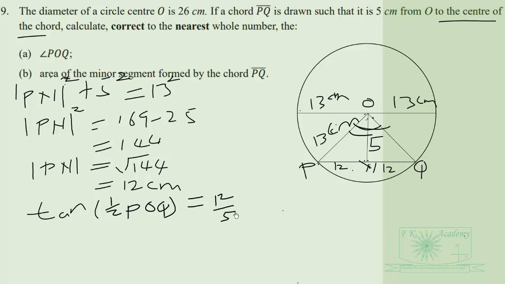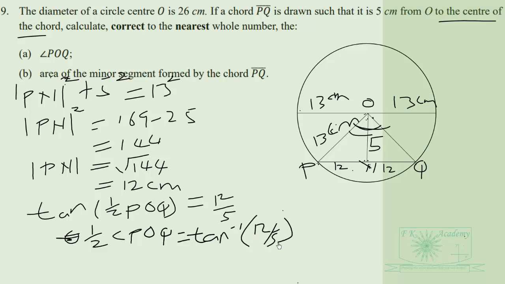That will give us shift tan inverse of 12 over 5. So half of angle POQ is equal to tan inverse of 12 over 5, and this is giving us 67.380.